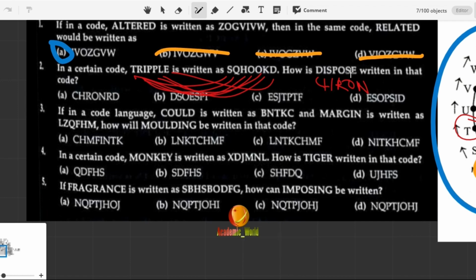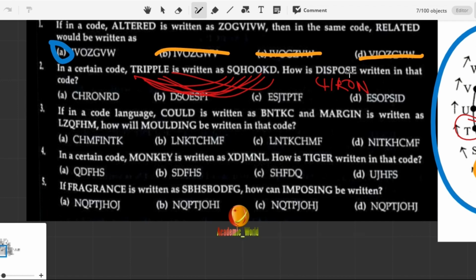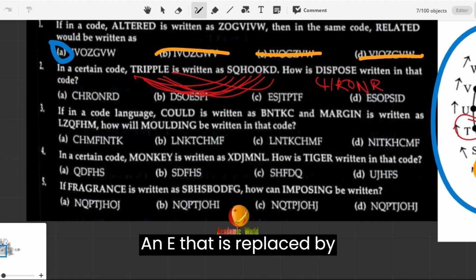Okay, and S is replaced by R, we already did, and E is replaced by D.